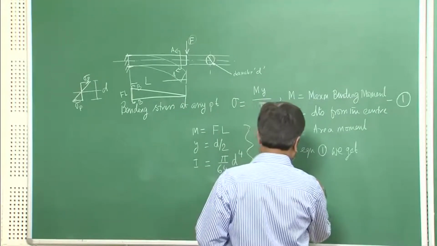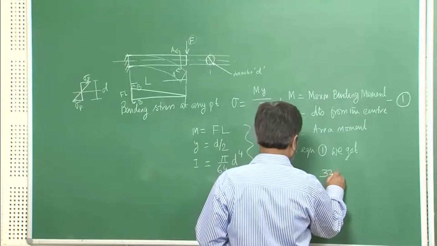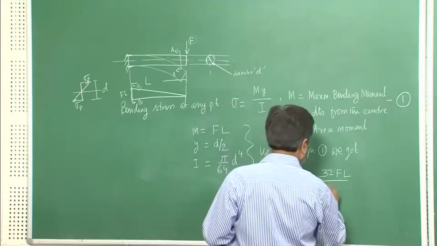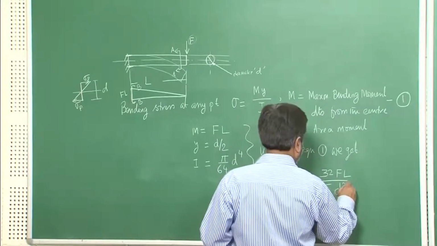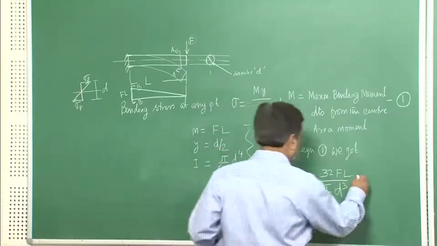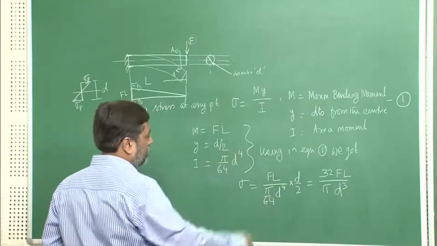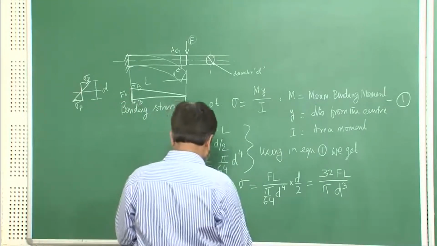That will come out to be 32 FL by pi d cubed, right. That is the stress versus d relationship.